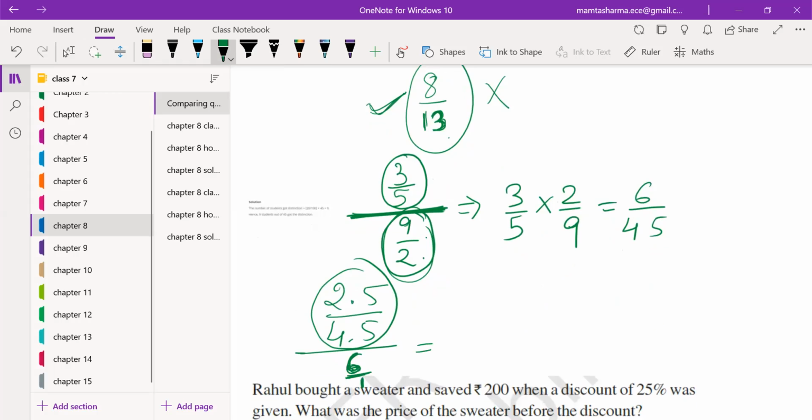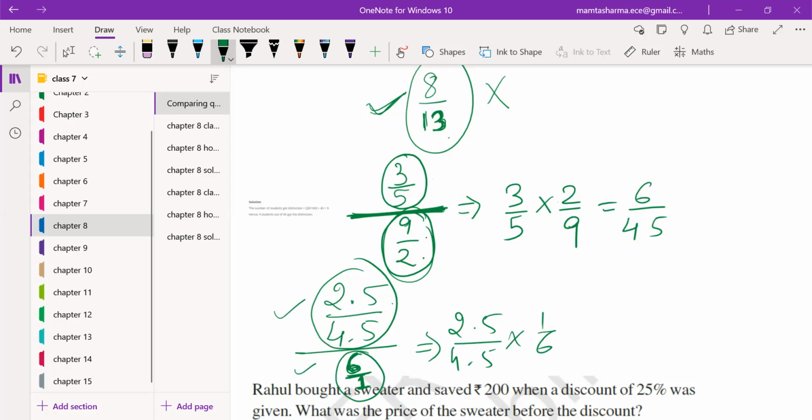So 6 divided by 1. Only fractions can be divided, so both should be fractions. Since this is a fraction, now convert it. Ma'am, 2.5 by 4.5 into 1 by 6. Yes, correct.